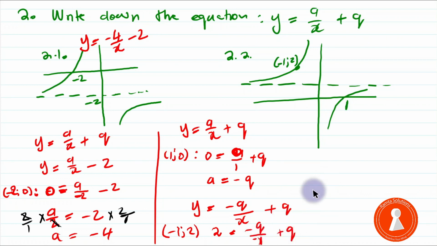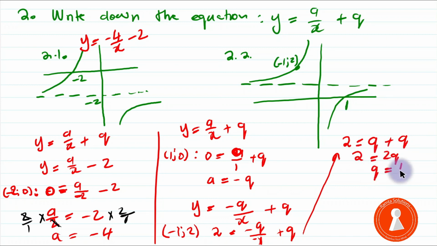Remember -1. So what do we have? I'm moving to the side here. I don't want to go to the next page, so let me just do everything here. So we will have 2 equals negative divided by negative is positive. So we have positive q plus q. This means 2 equals 2q. Therefore, q equals 1.